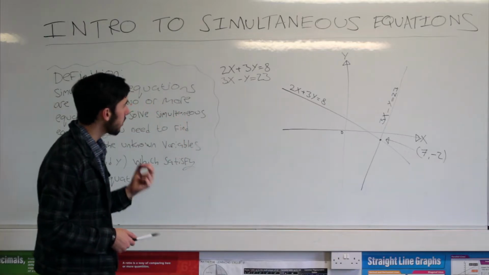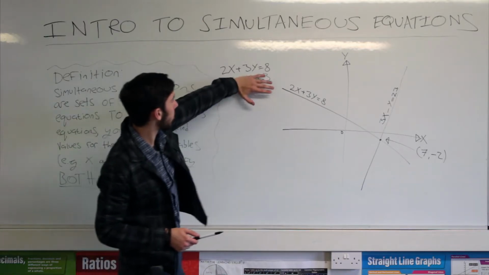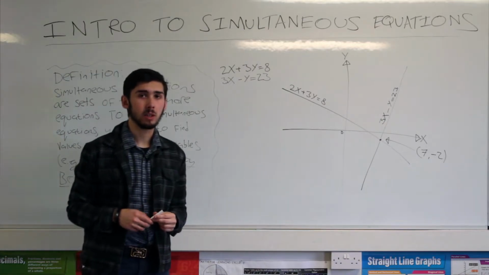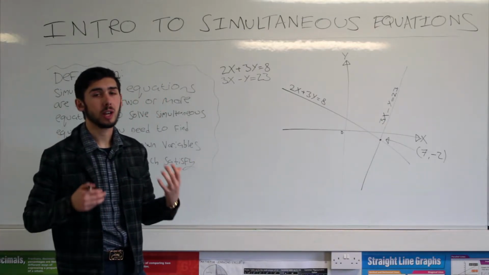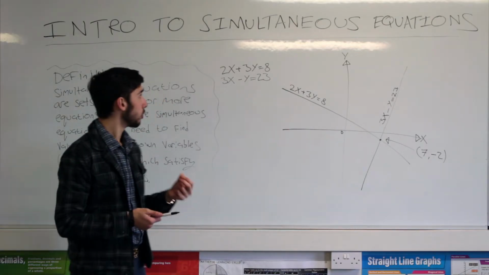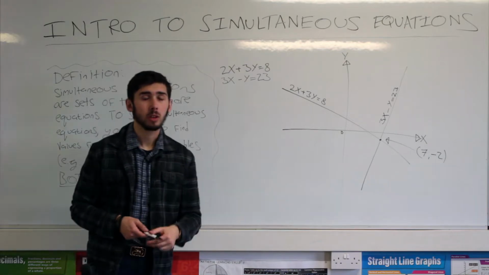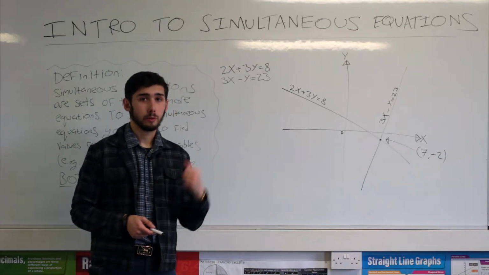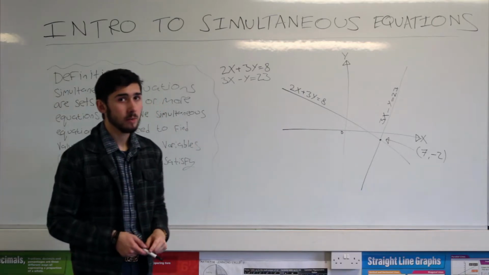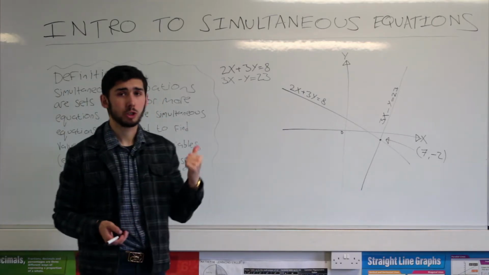Okay, so if you were trying to solve, let's just look at the top one, 2x plus 3y equals 8, you could find lots and lots of values for x and y that satisfy it. But you're looking for one value for x and one value for y, and you can't just solve that.